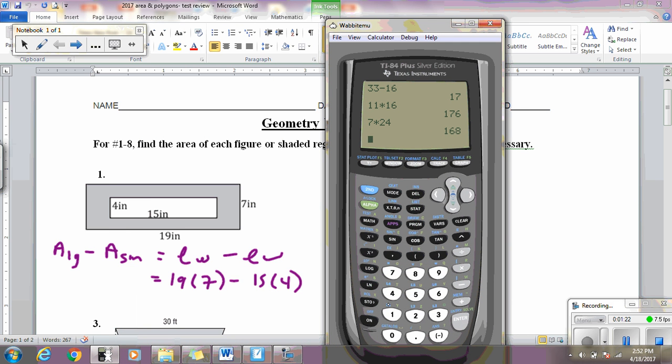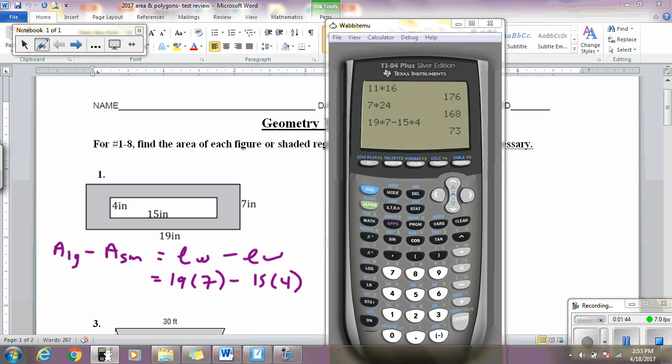So I could literally put 19 times 7 minus 15 times 4. So my area is 73. So 73 inches squared.